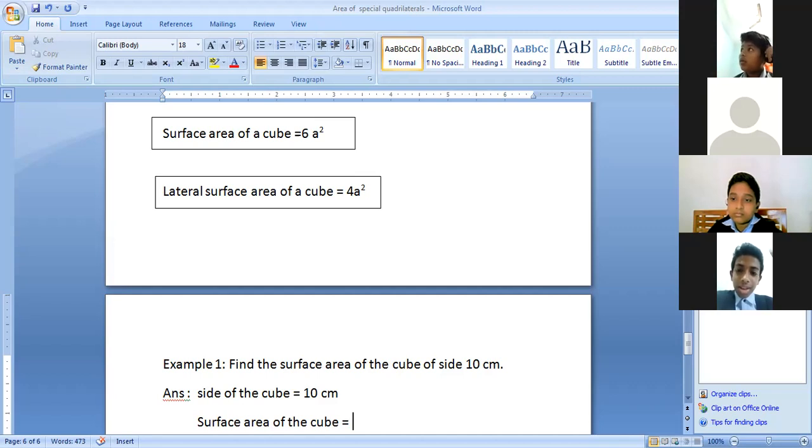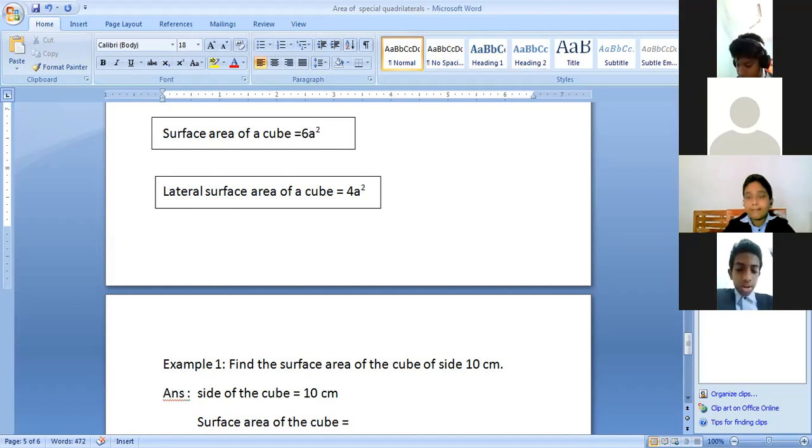It is 6a square, right? 6a square is the correct answer. A square is really important. A square means a into a. Clear? The equation is 6a square.